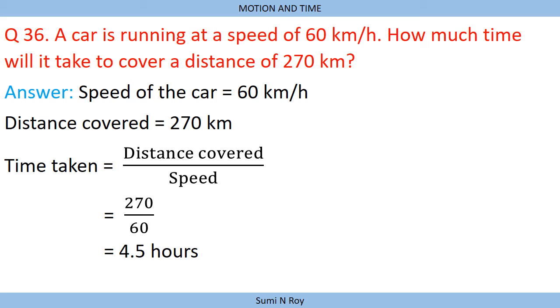So from that formula, time taken will be equal to distance covered by speed. The distance covered is 270 km and speed is 60 km per hour. By substituting the values and calculating, we get time taken equal to 4.5 hours.